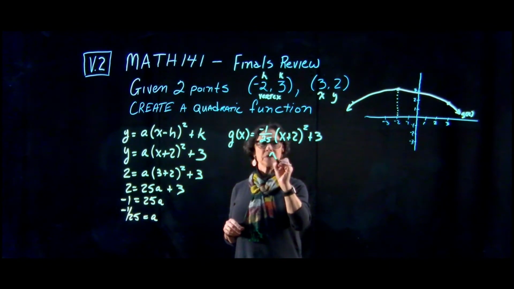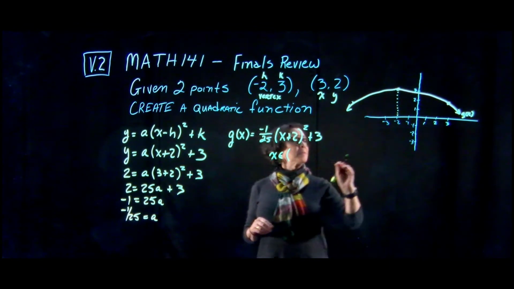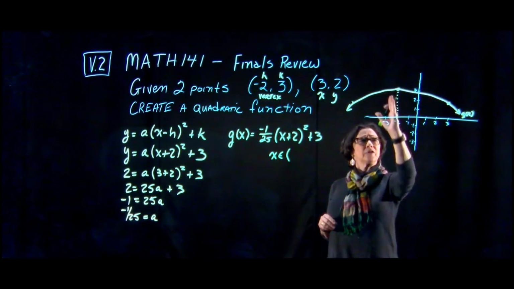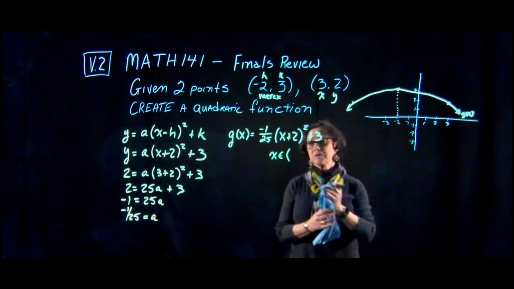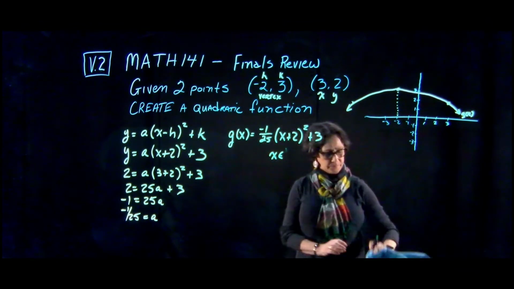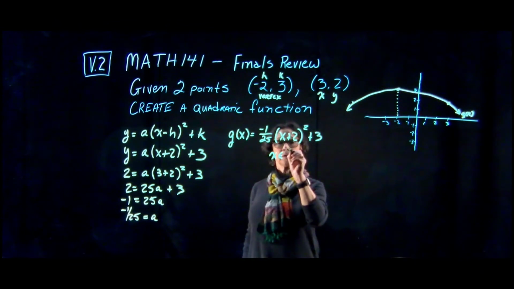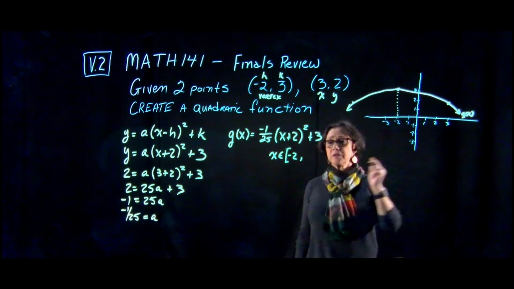So I'm only going to use the x's that go from the vertex, which is at negative 2, and I'm going to make that inclusive. So I'm going to make this a square bracket at negative 2. And it goes to positive infinity.